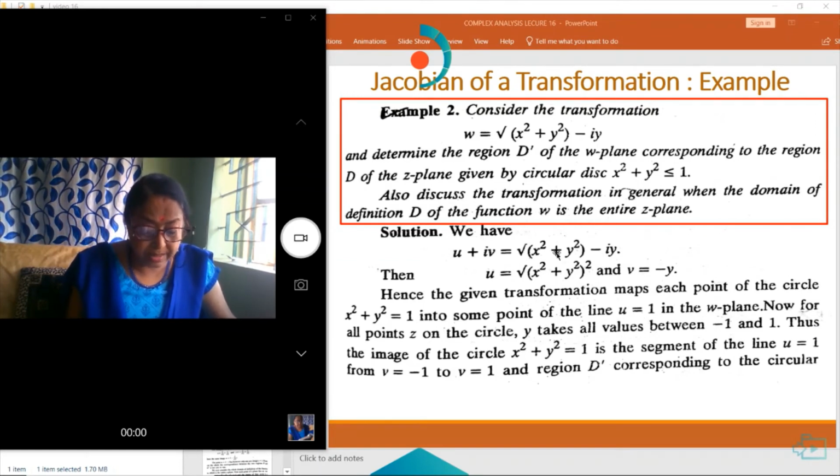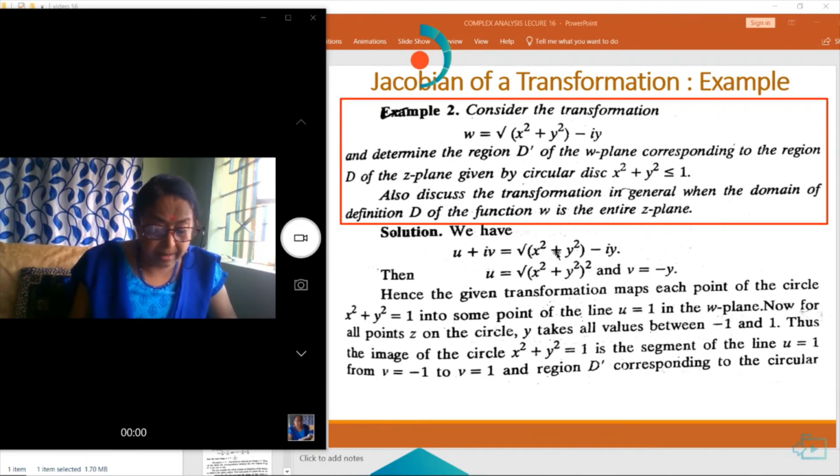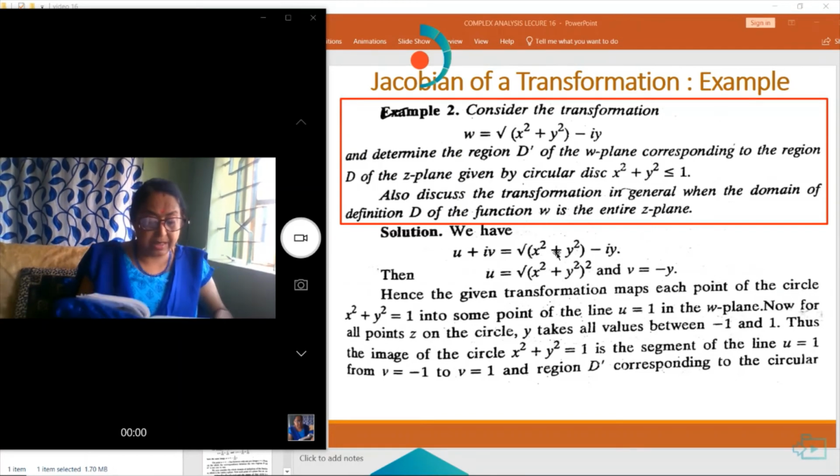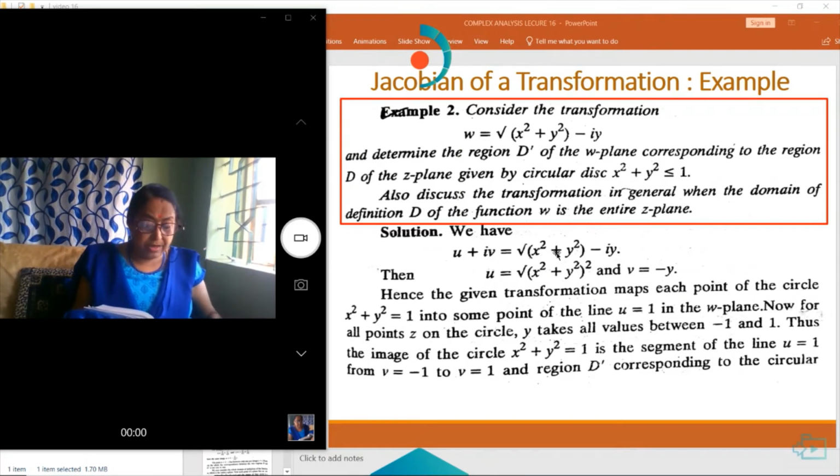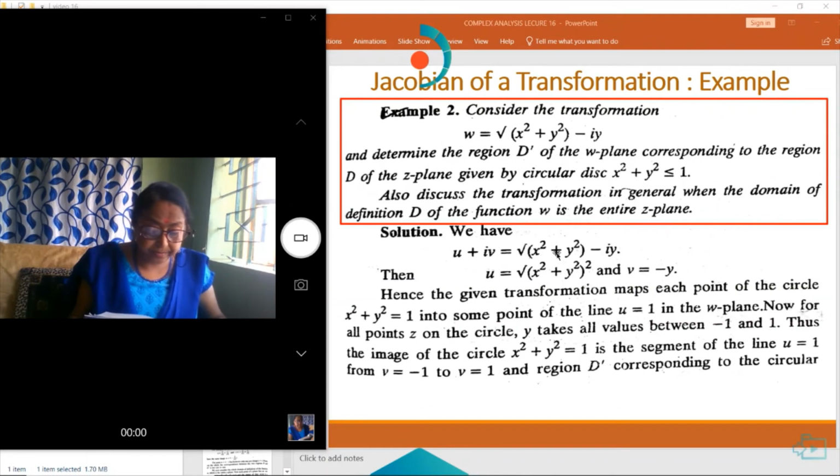So w is given by u plus iv is equal to root of x square plus y square minus iy. When the real and imaginary parts are equated, we get u is equal to root of x square plus y square, the whole square, and v is equal to minus y.